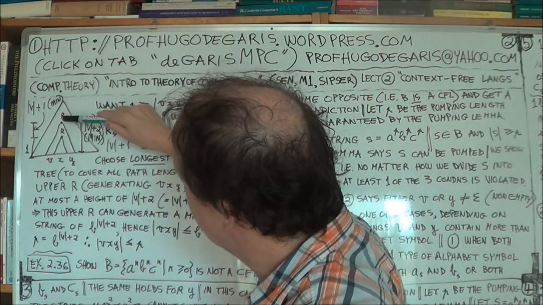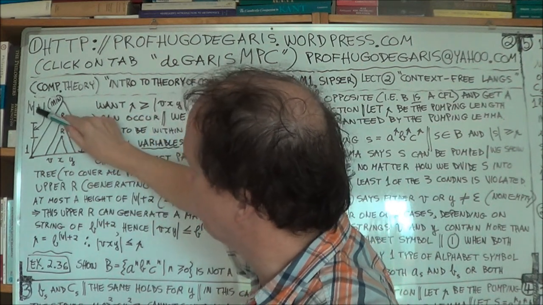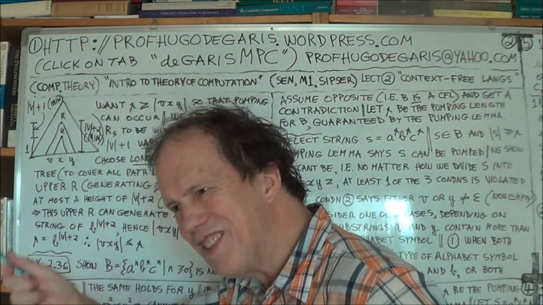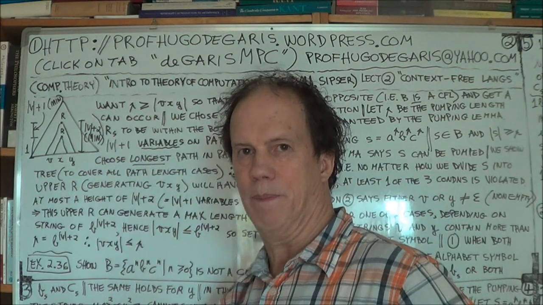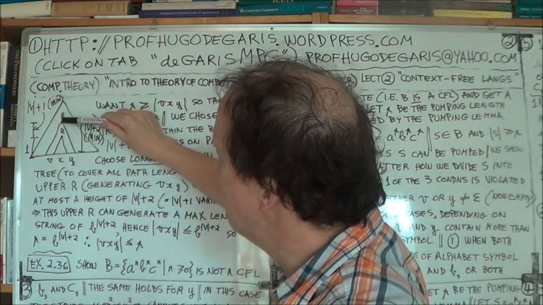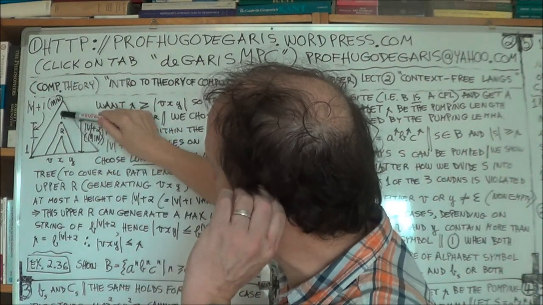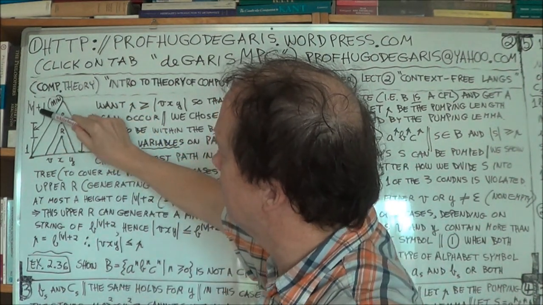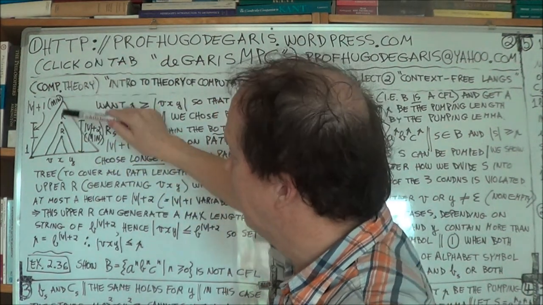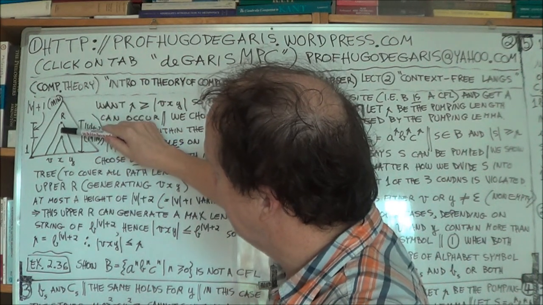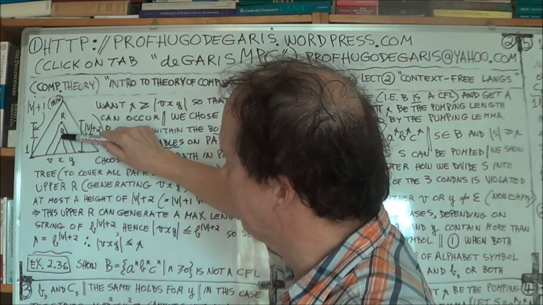But if the number of steps from here to here is mod V plus 1, there has to be a repetition. So the minimum number of steps between here and here for this to be R and R is mod V plus 1.